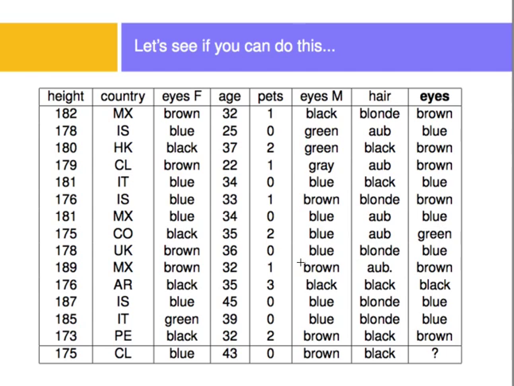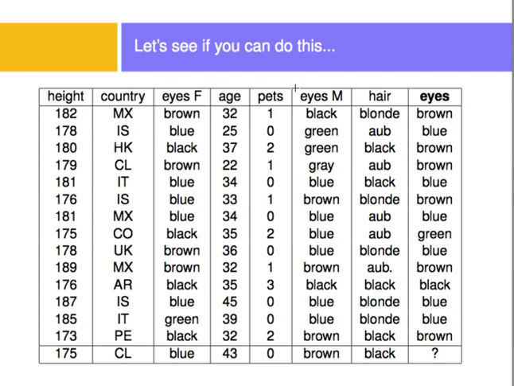This person has zero pets, probably has blue eyes. However, the pets have no influence on the color of their eyes. So this is very much a game of finding patterns and then finding patterns that matter for the problem.